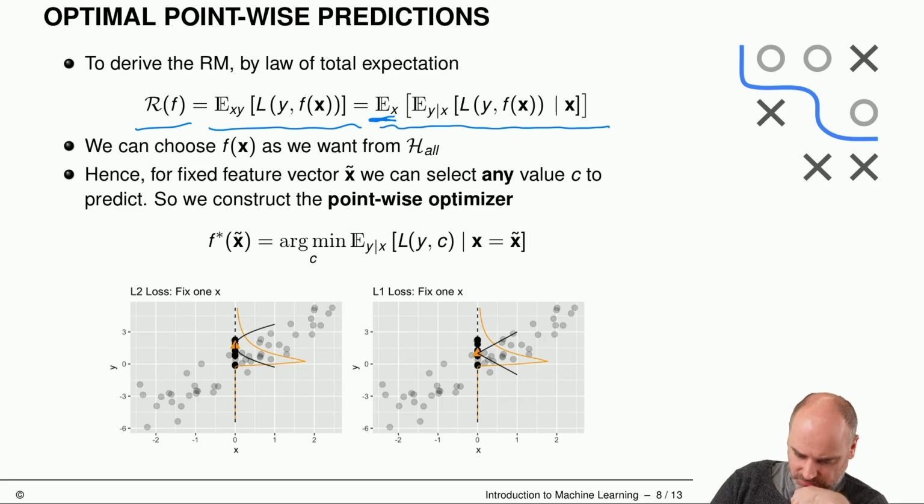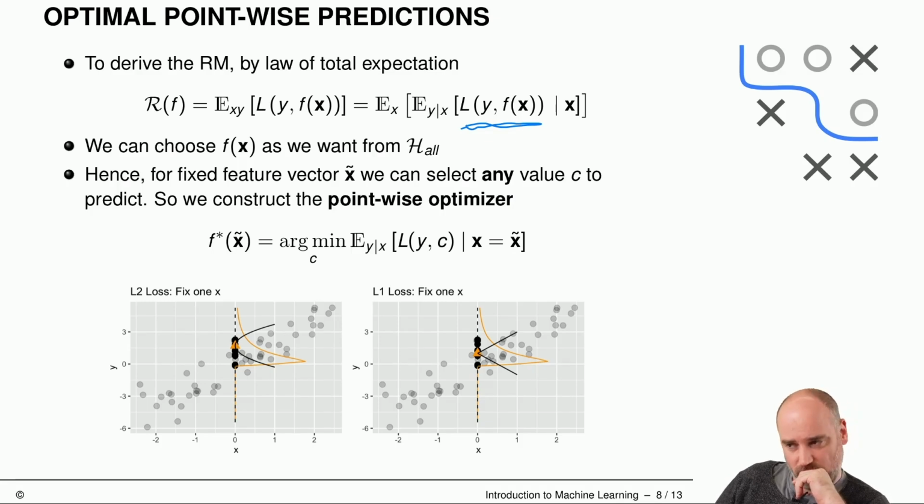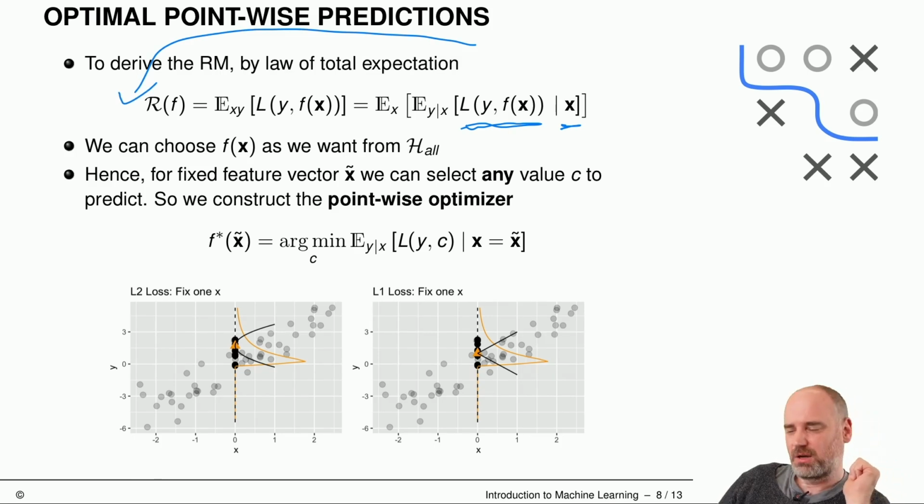On the inside, we now have the conditional expectation of the loss between y and f of x. And it's conditional on x, so the inner part is a random variable itself. Through the outer expectation going over x, we integrate this out completely, and that gives rise to our expected loss over our distribution, so our risk value.